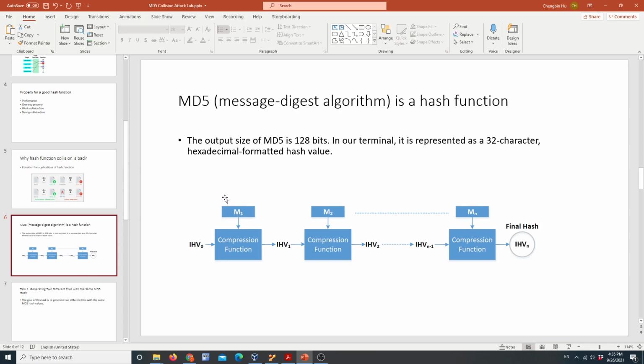So as you can see, here are n blocks. Every block of the message goes through a complex function and generates a hash value combined with the previous hash value, and then it processes the message one block after another and gets the final hash.